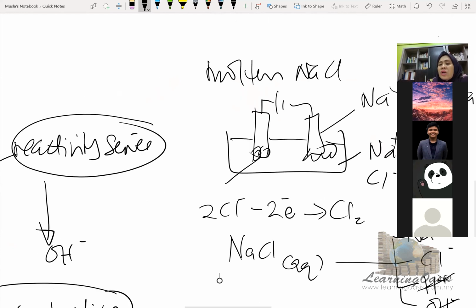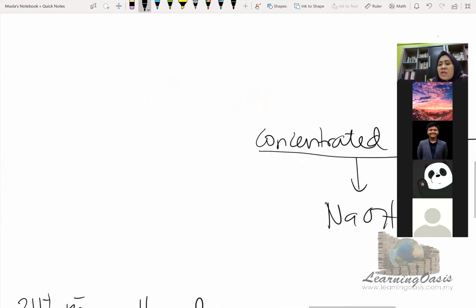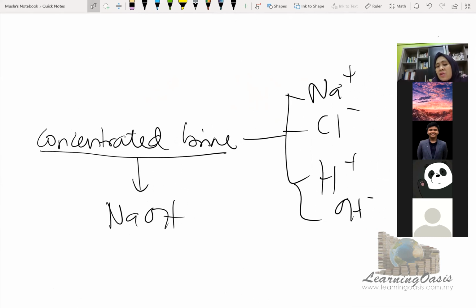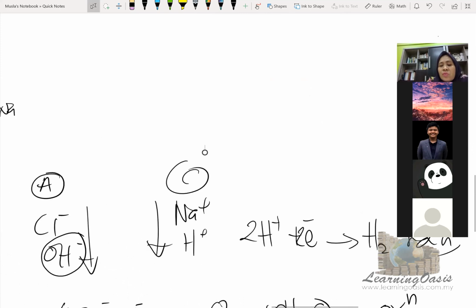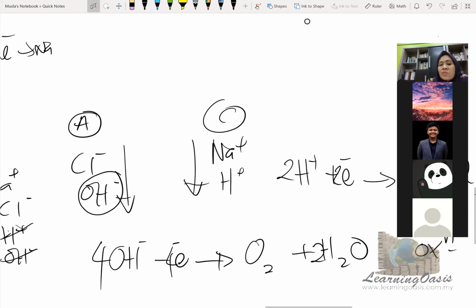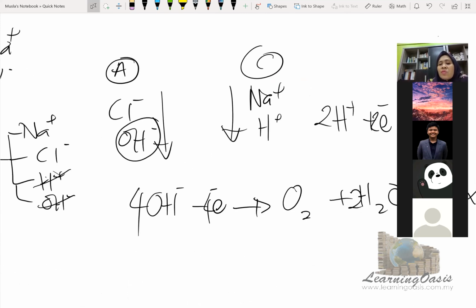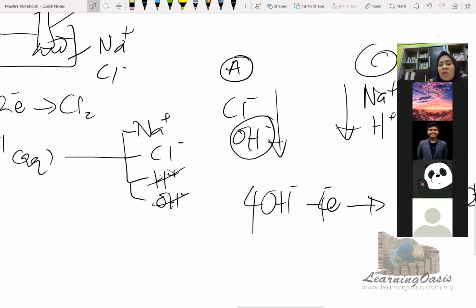So now, if you have this, okay, past paper, they said concentrated brine. The concentrated brine is sodium chloride. Just now, you did sodium chloride, but dilute sodium chloride. So when you have sodium chloride, you have sodium ion, chloride ion, H plus and OH minus.